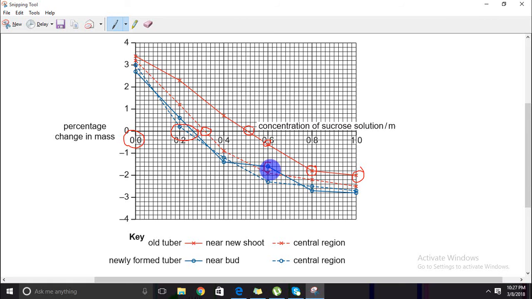So more of this would have left, but less of this would have left, because this had a lower water potential relative to all of these values in the first place. So all of this is evidence of our conclusion.